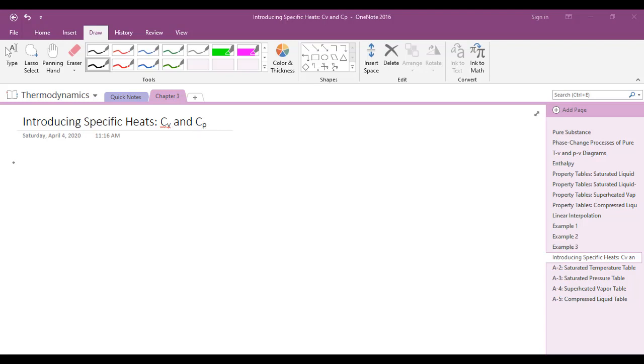So we'll start with the definition of the specific heat.